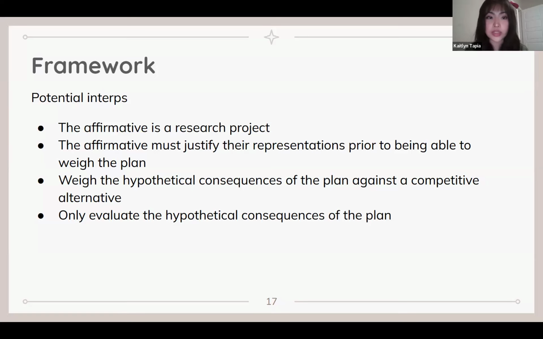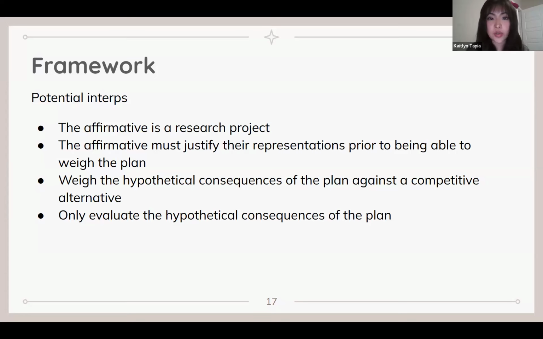And so this all means that the AFF has put a specific amount of time and effort into creating the 1AC as a research project. And that would mean that the role of the negative is to prove that the AFF's research project is flawed, right? And that means that the underlying assumptions going into the affirmative matter as well, and not just things like extinction or nuclear war that happen as a result of the hypothetical passage of the plan.